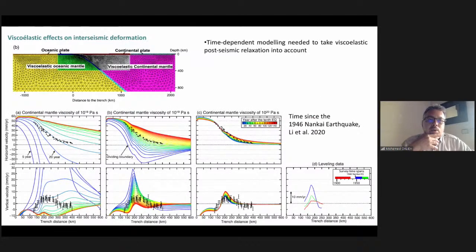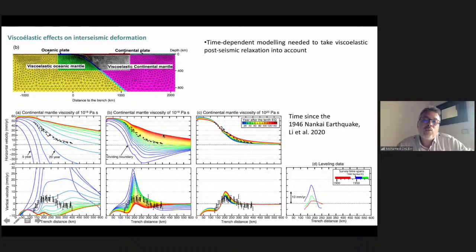Here, this is an example of the effect of viscoelasticity on the interseismic deformation. And you can see here the description of the different blocks, as Anne described earlier. And the three curves here are examples taken from the Nankai subduction zone. And the time is in color. It is the time after the 1946 earthquake.